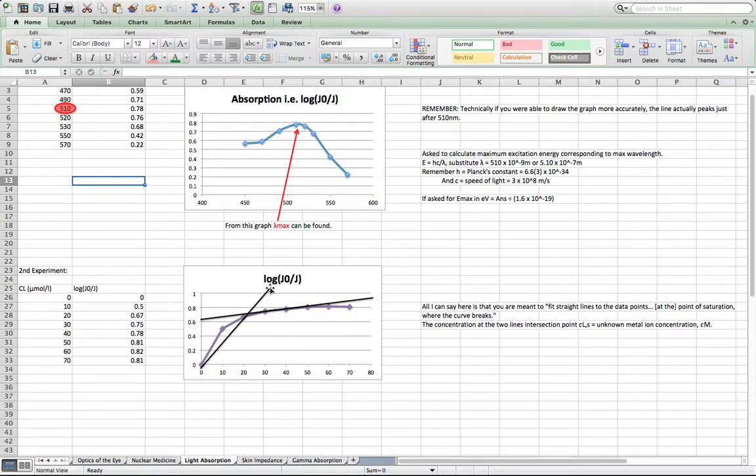You have to draw one from the origin up to that point and one down here. And the point of intersection, if you go down onto the x-axis from that point, that is the unknown metal ion concentration. So for this data, which is the same as the one you had in your report, that is around 2021 micromoles per litre.